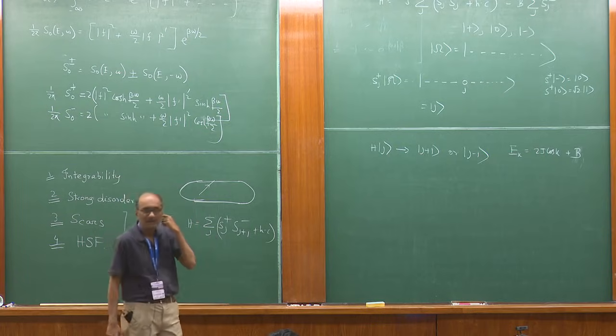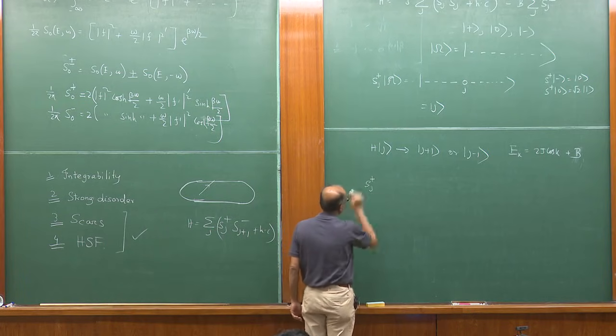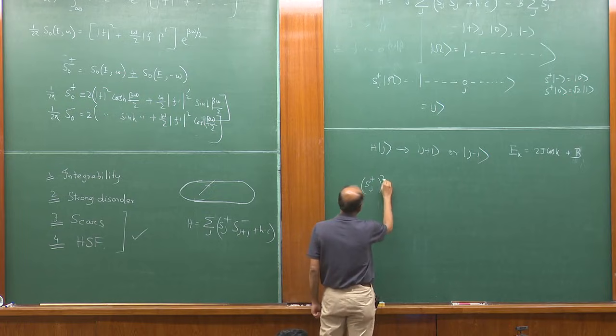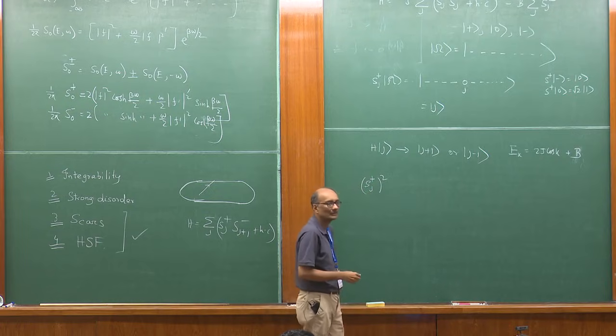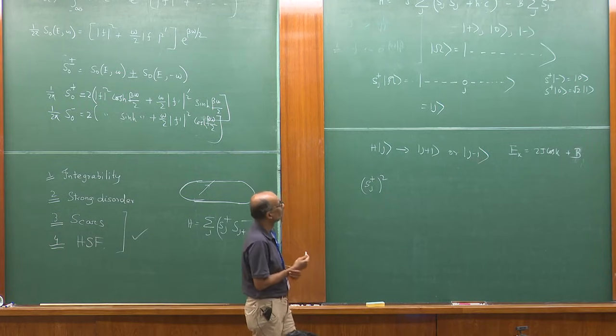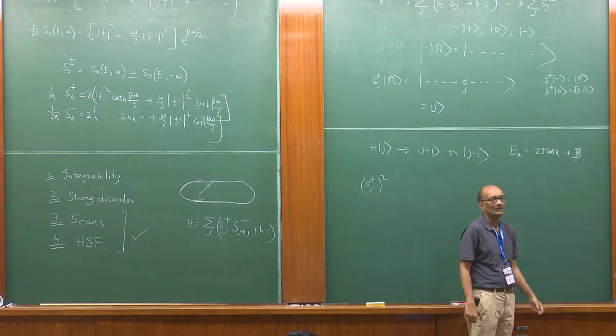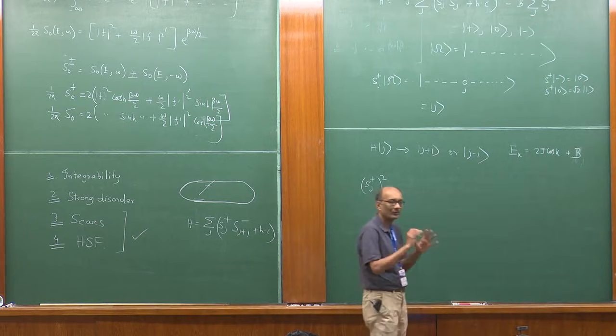But if I consider Sj plus square, if you are writing things in k, then it's a periodic chain, but forget about boundary conditions. I'm just talking about the bulk right now.